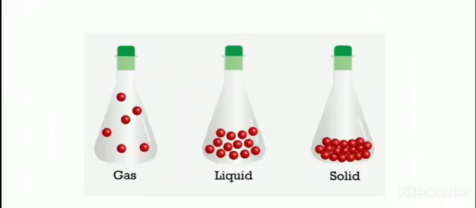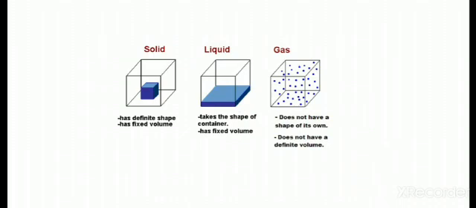In the 19th century, the scientist J. Willard Gibbs showed that the characteristic properties of a substance depend on its physical state and the arrangement of particles in it. Now we will study the differences between the states of substances.